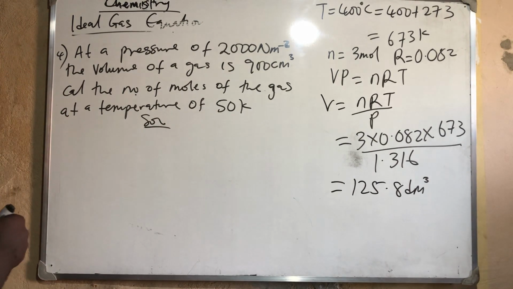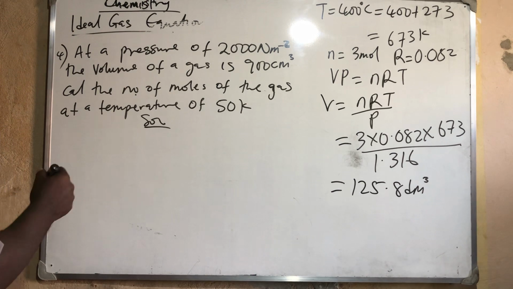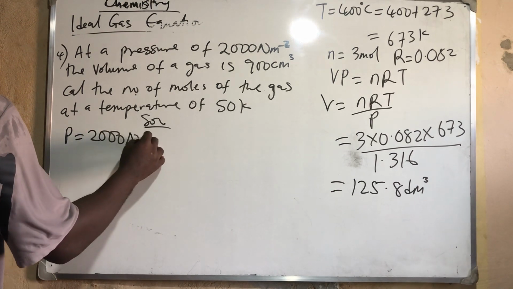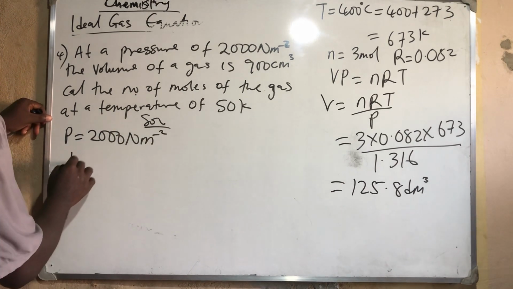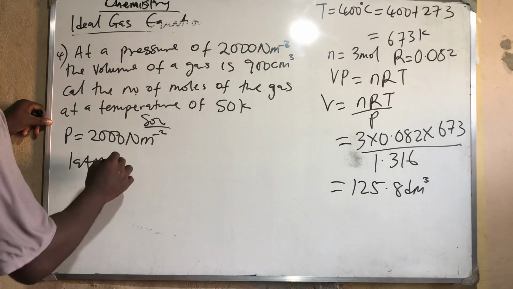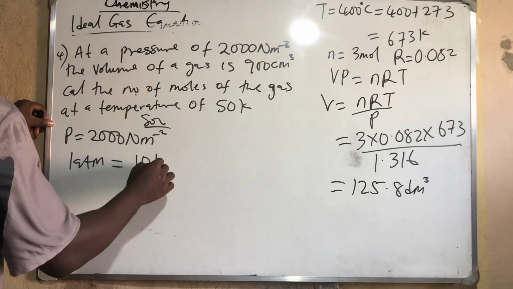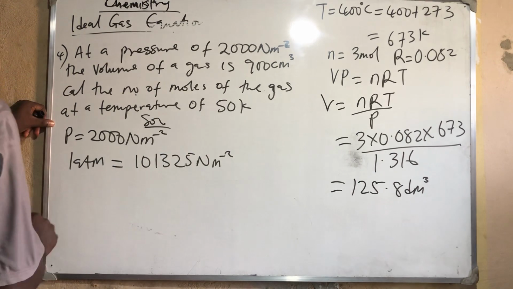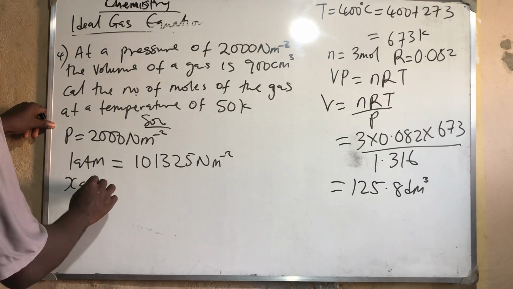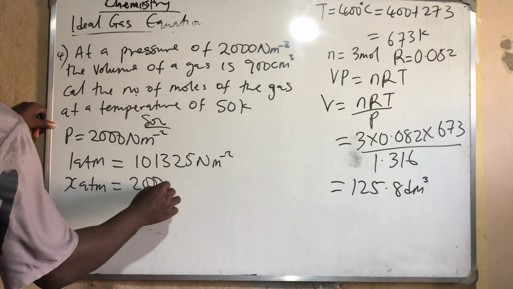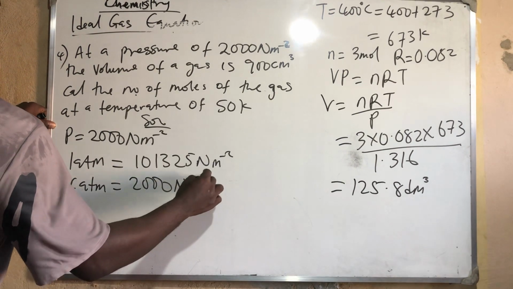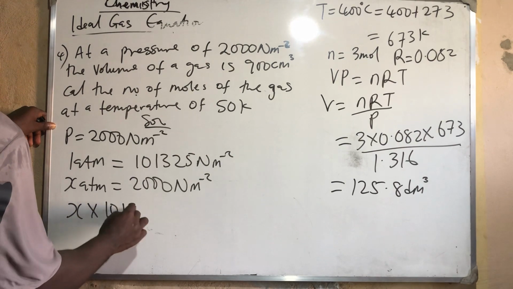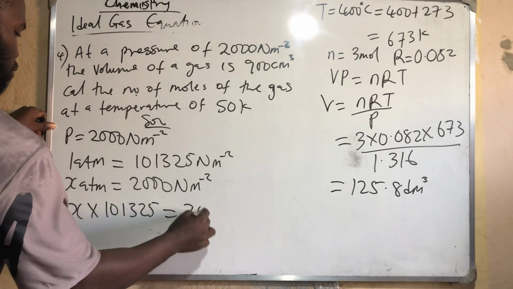Now the first thing they gave us is pressure at 2000 Newton per meter square. But I know that it must be in atm. My 1 atm is equal to what? 101,325 Newton per meter square. So therefore, x in atm is equal to 2000 Newton per meter square. Cross multiply: x times 101,325 is equal to 2000.